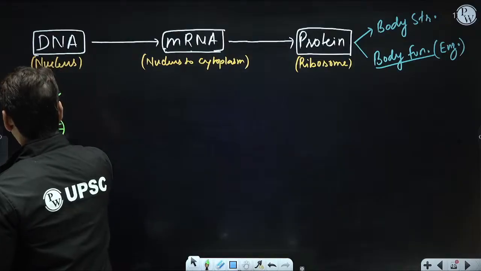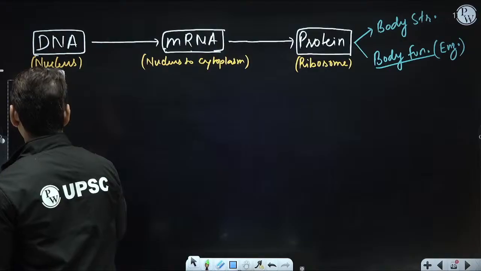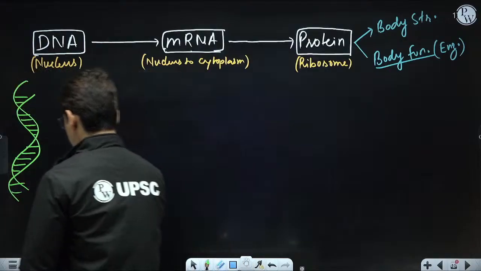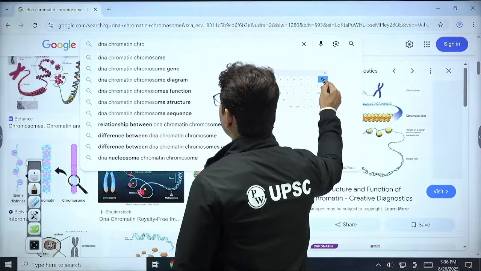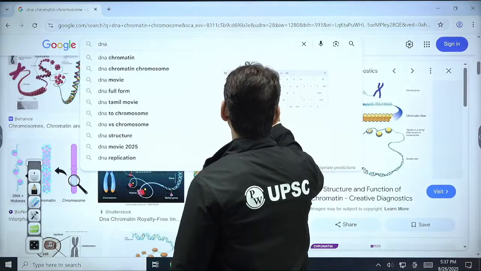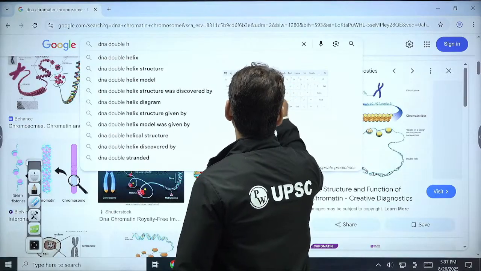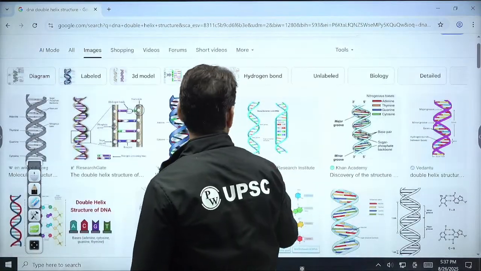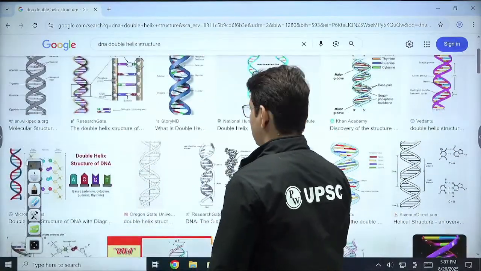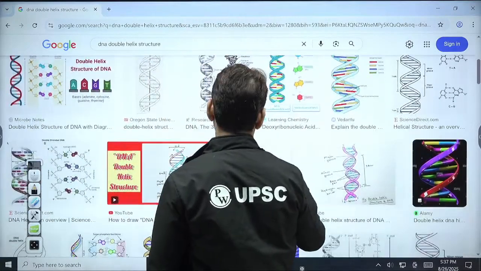So this is what I have made. This is DNA, right? Now I'll take one structure of the DNA from the internet also. DNA double helix structure, and I'll get the easiest one.